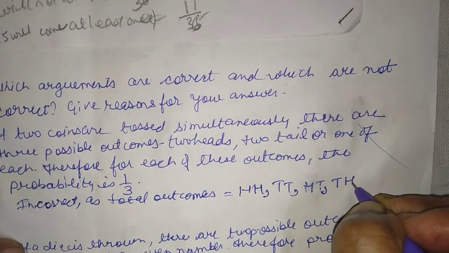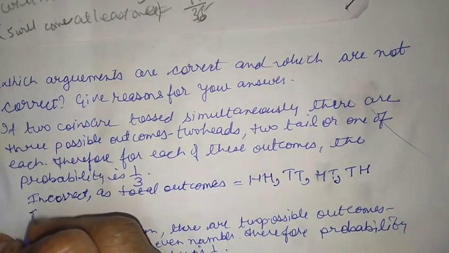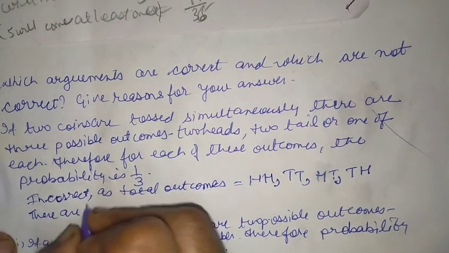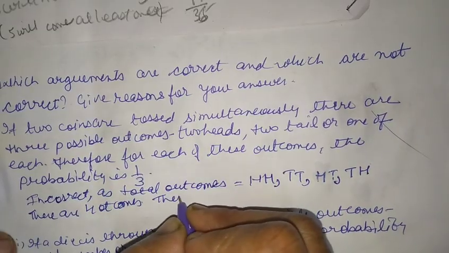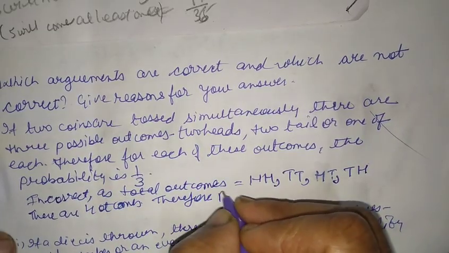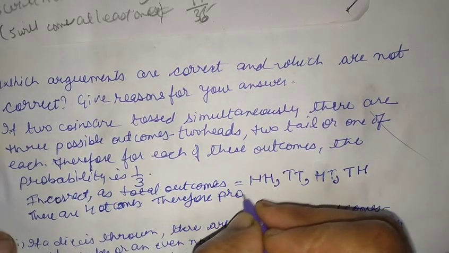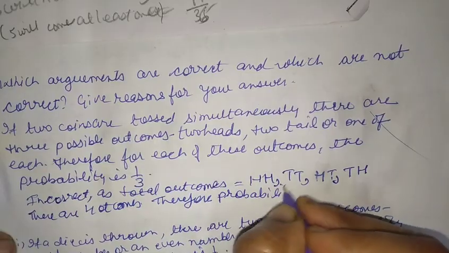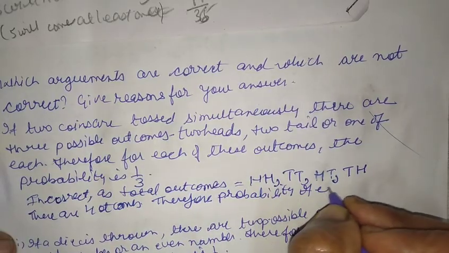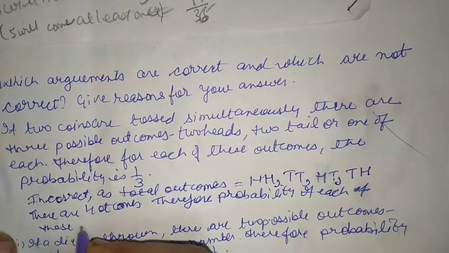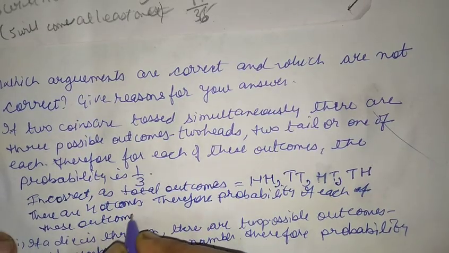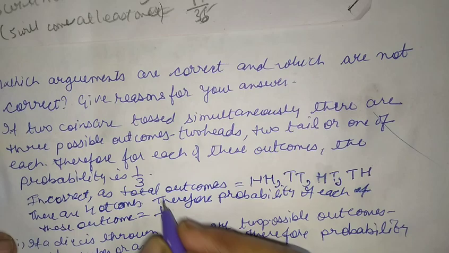So here total outcomes are 4. Therefore, the probability of each of these outcomes will be 1 by 4, not 1 by 3.